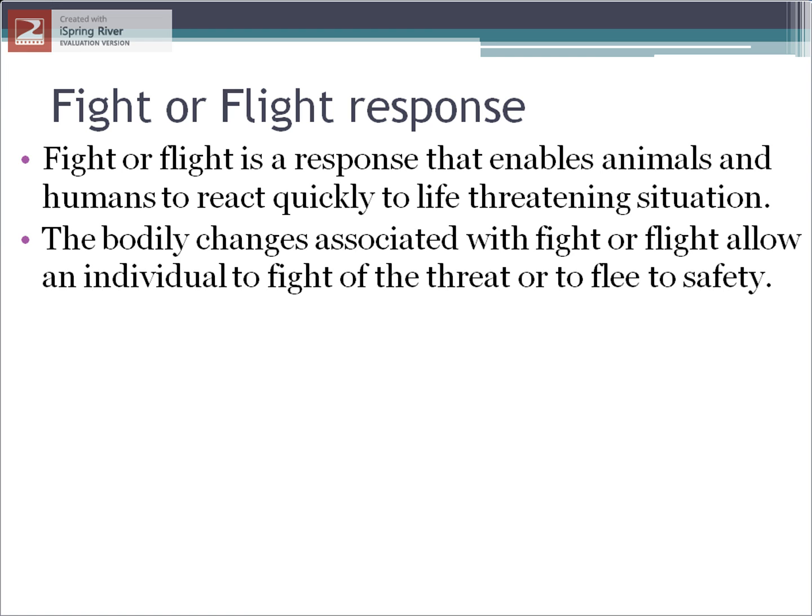These reactions are collectively known as the fight or flight response. This response evolved as a survival mechanism, enabling animals and humans to react quickly to life-threatening situations. The bodily changes associated with the fight or flight response allow an individual to fight off the threat or to flee to safety.